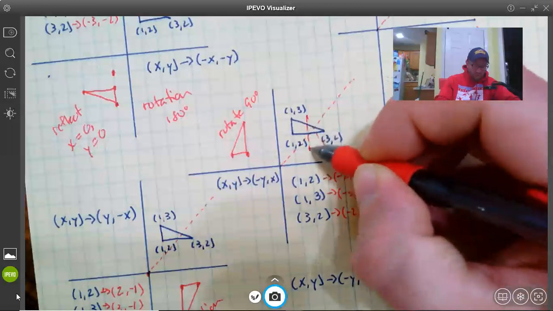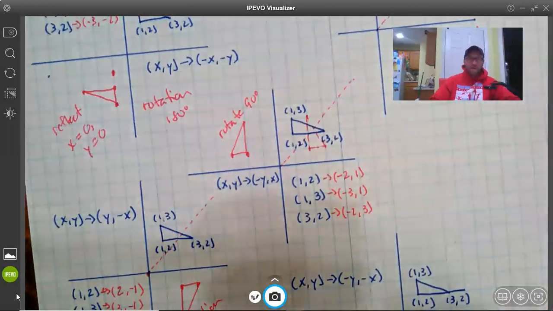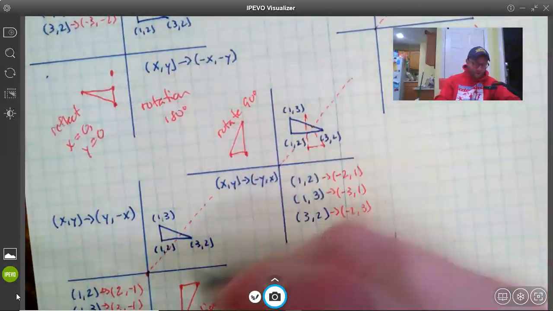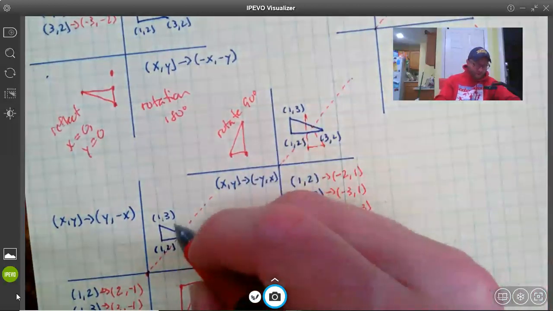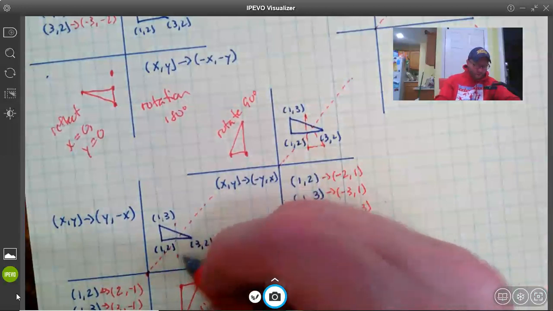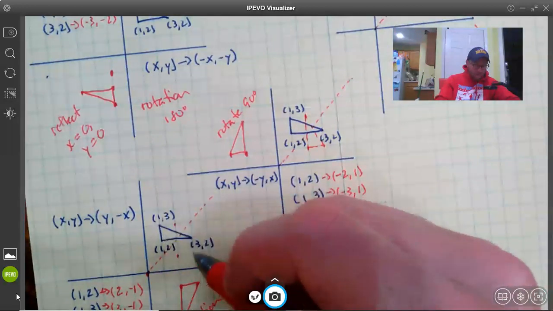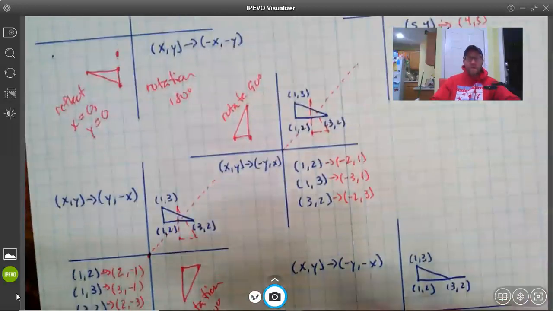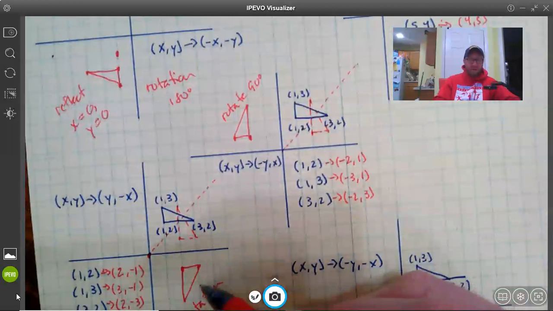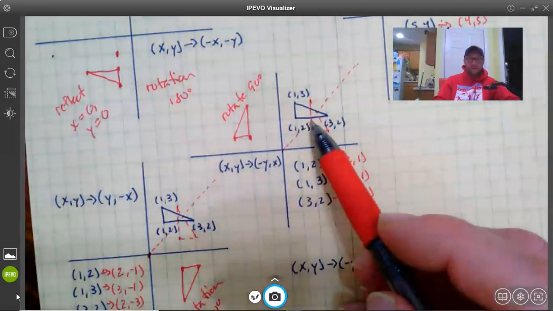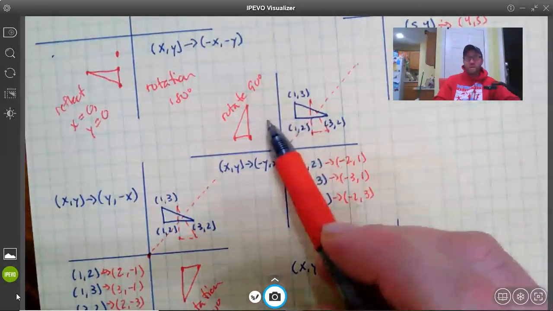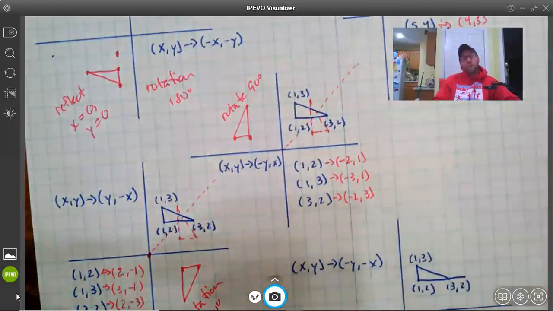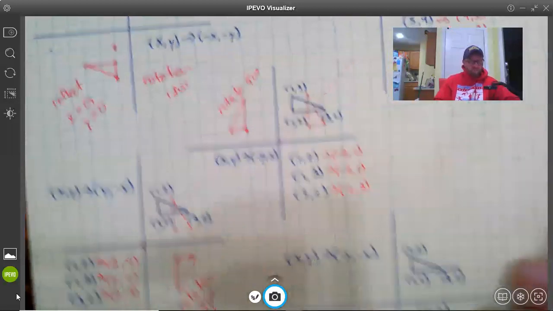So you can see how if I were to flip that shape over the y-axis, the same thing down here, here, here, and then here. If I were to flip that shape across that line, and then I flip it across the x-axis, I land down here, flip it across the line y equals x, and then across the y-axis, I land over here. So in either case, the rotation, or it's a double reflection.